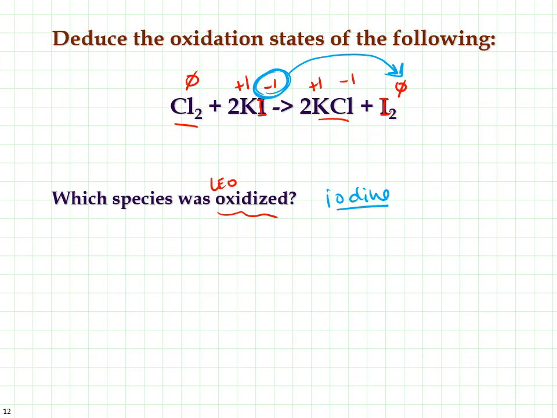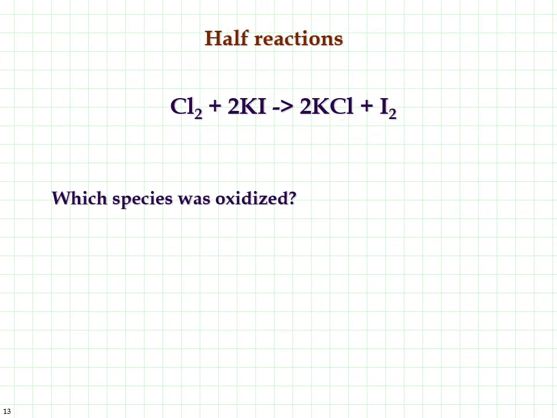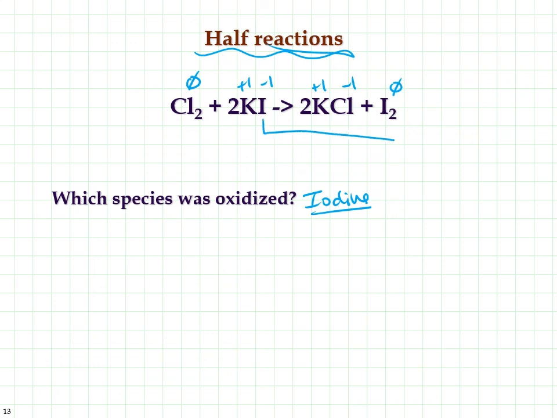What we're going to do now is build a half reaction, a half reaction for iodine being oxidized. I'm going to put those charges back up there super quick. Iodine went from a -1 to a 0. I'm going to write a half reaction showing just that. So I only care about iodine and its electrons.